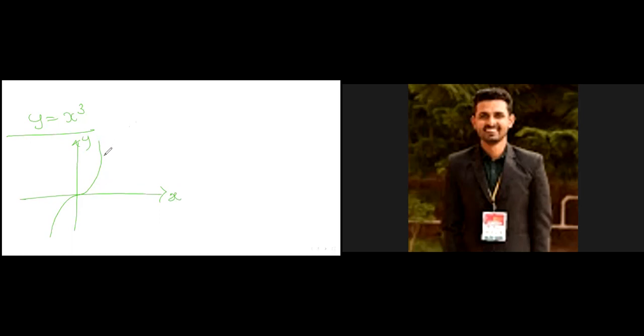This is -2 comma 8, this is 1 comma 1, and here it is -1 comma 1. So how many zeros here? Here it is only 1 zero because it intersects at only one point.